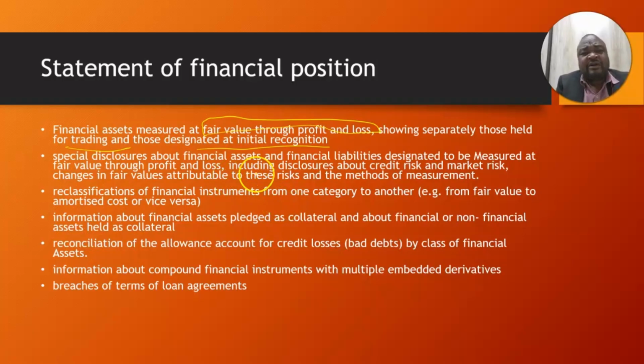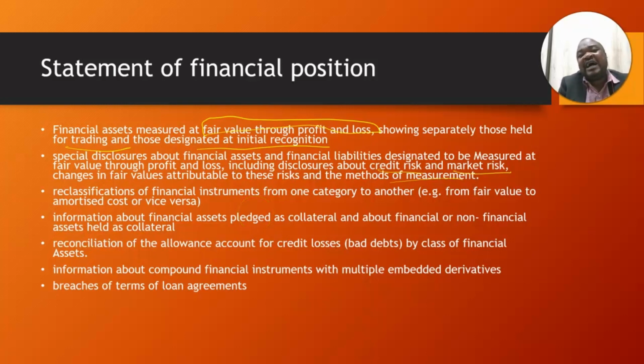Special disclosures about financial assets and financial liabilities designated to be measured at fair value through profit and loss, including disclosures about credit risk and market risk, changes in fair values attributable to these risks, and methods of measurement, should also be made. Reclassifications of financial instruments from one category to another, that is from fair value to amortized cost or vice versa, should also be disclosed.